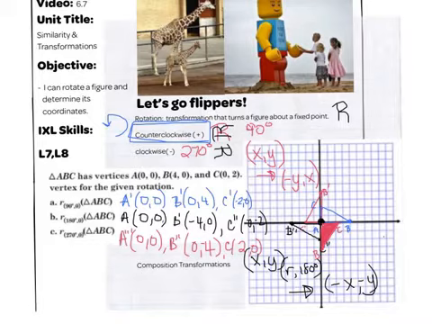So here's our new figure, and again, this is a 270-degree rotation. If we analyze what happens with a 270-degree rotation, we see that the x and y switch spaces and the x becomes flipped, no matter what it is.